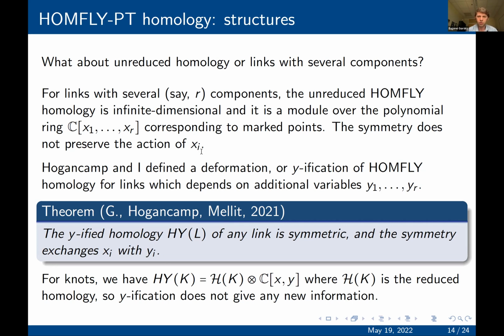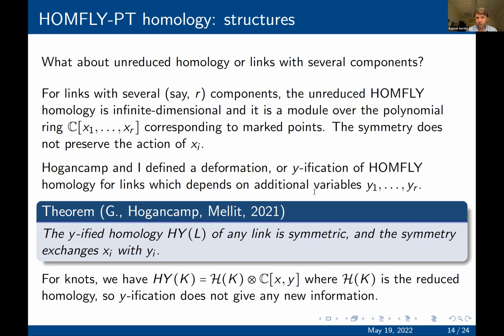And kind of motivated by this problem and to fix this problem, Matt and I defined the deformation, or so-called yification, of HOMFLY homology for links, which depends on some additional variables y1 through yr, of different degrees from x's. And then we proved that this yified homology is actually symmetric, and you can define SL2 action, which in some precise sense changes x's and y's. And so the yified homology in this sense is better than non-yified homology.